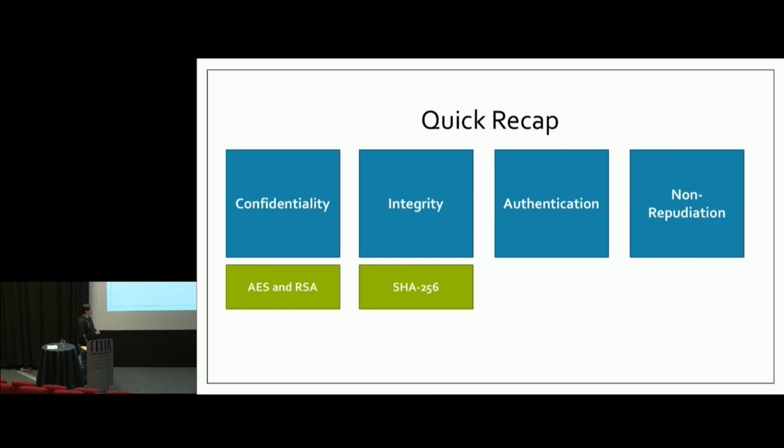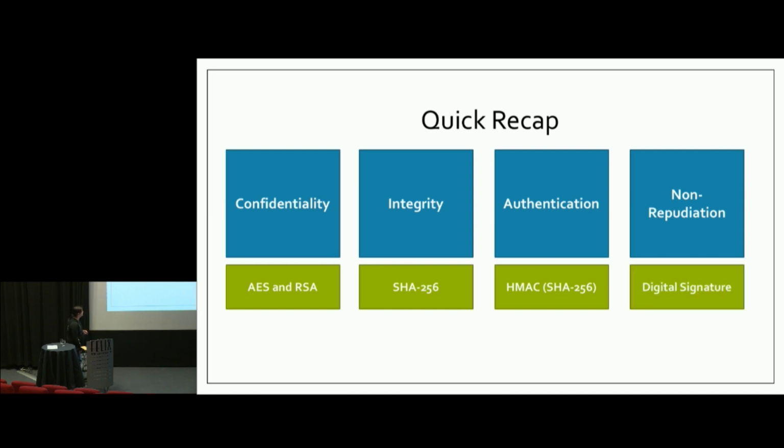For authentication, where we want to be able to prove that it was someone that actually generated that hash, by using a key, we used a HashMAC and we used a SHA-256 variant in our example. And then for non-repudiation, which is where we don't want people to be able to deny having signed some data or signed a contract, we've just looked at digital signatures. So those are some of our base primitives that are available to us in .NET.